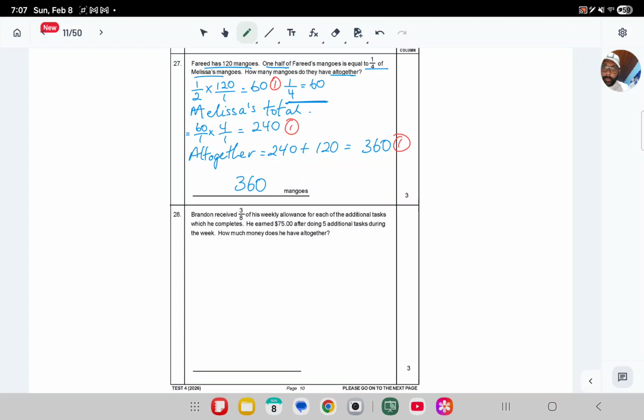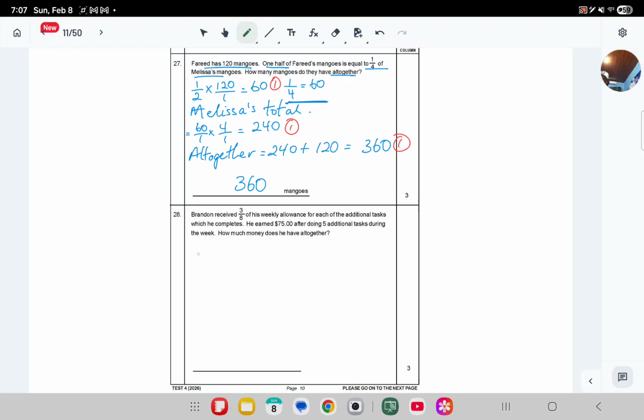Number 28, Brandon received 3/8 of his weekly allowance for each of the additional tasks which he completes. He earned $75 after doing 5 additional tasks during the week. How much money does he have altogether? So in total he did 5 additional tasks and he earned a total of $75.